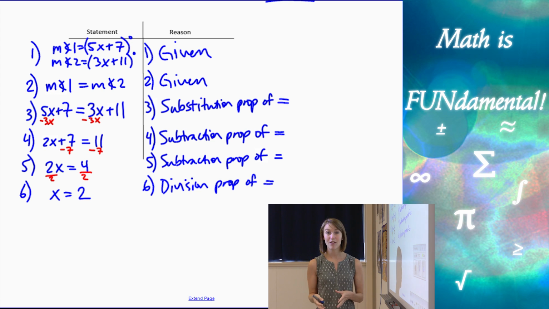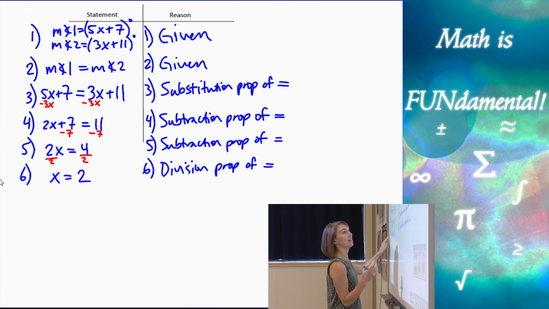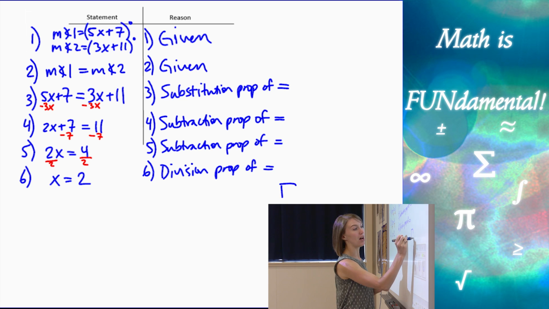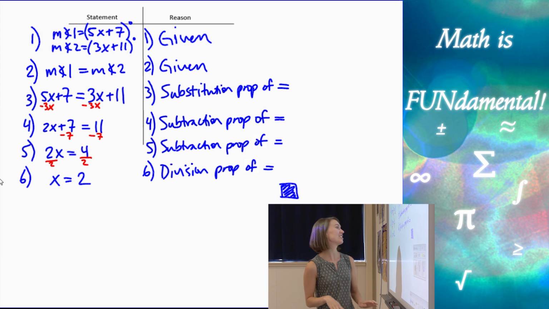And that's the end of our proof. Now, if you want to be really fancy, to symbolize that it's the end of a proof, you can put a little box and color it in like that. There's a couple other ways you could do that, but it's just a nice little symbol that states, okay, I'm done with my proof now.